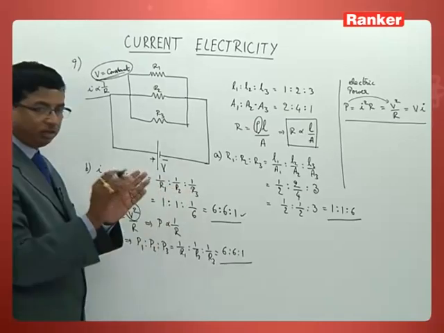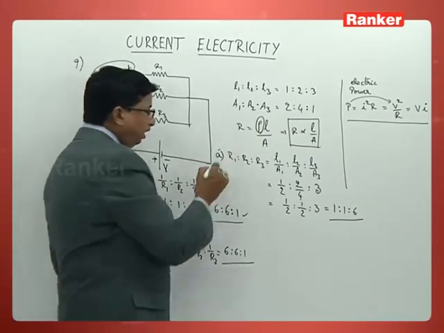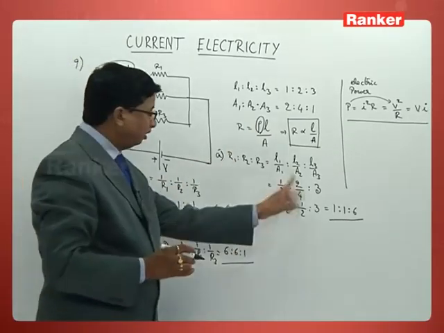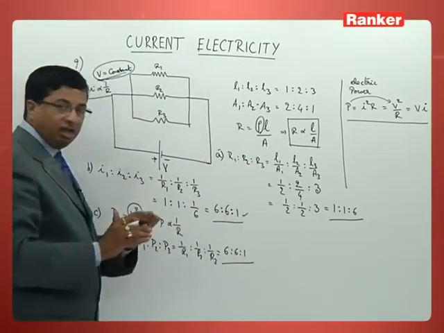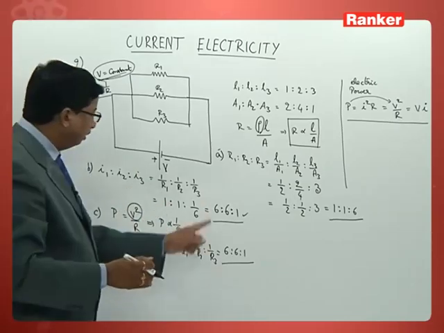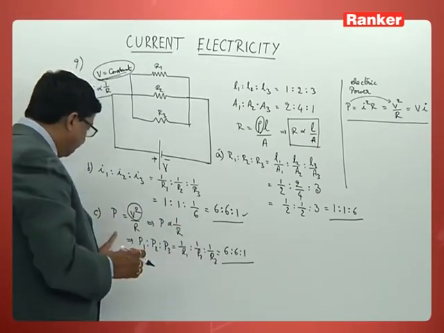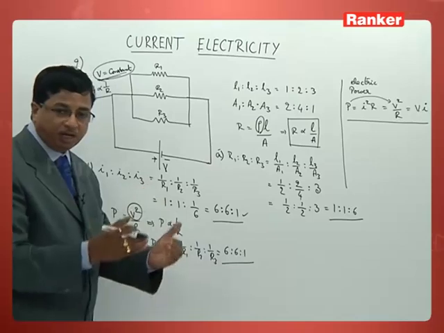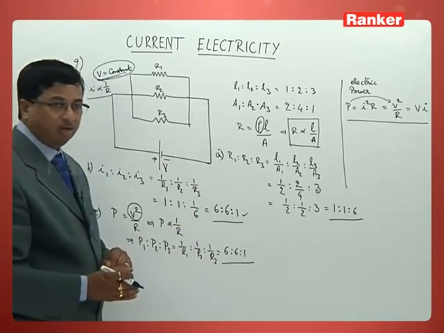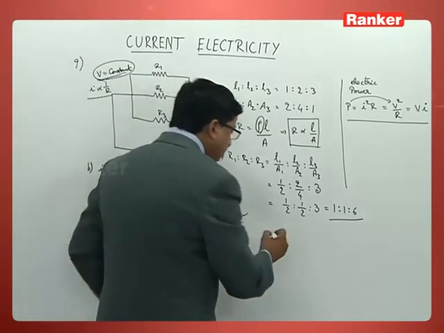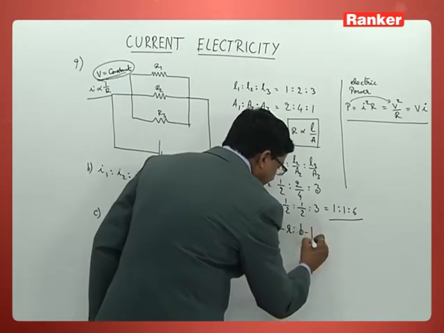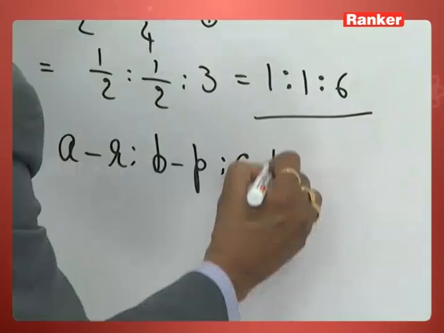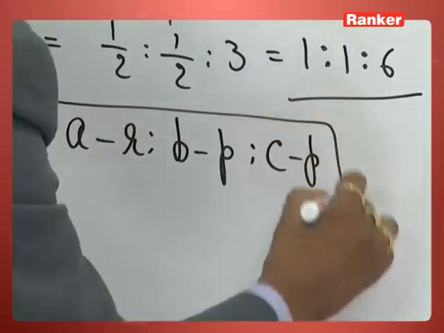So, what is the correct option? A tallies with R in the second table. B tallies with P in the second table. C tallies with P again in the second table. So, what is the correct option for us? A to R, B to P and C also to P. This is the correct match.